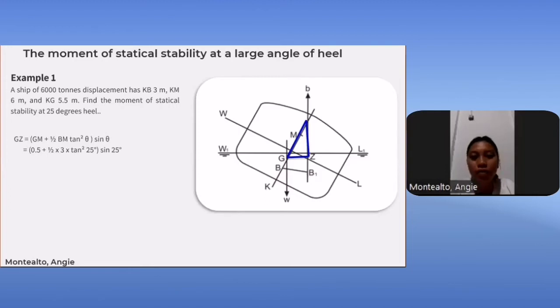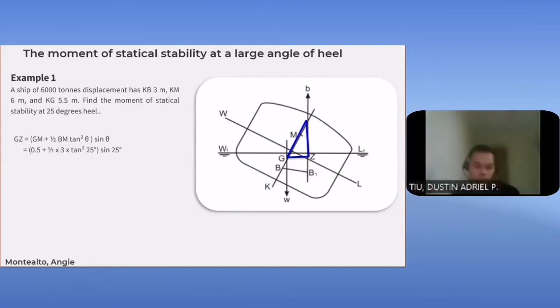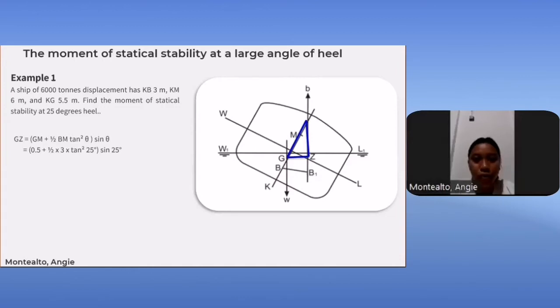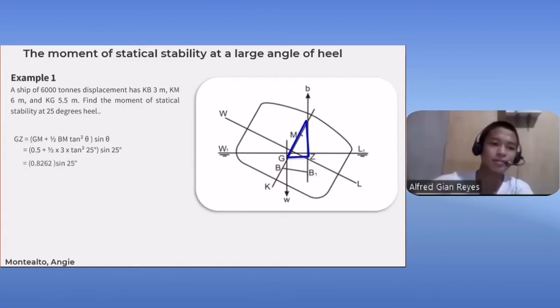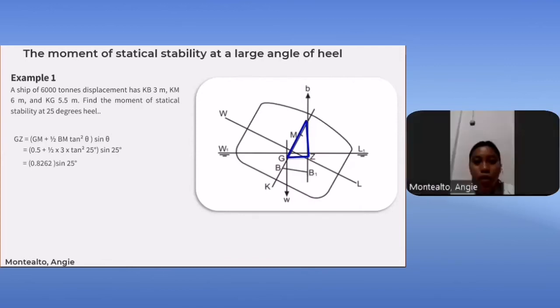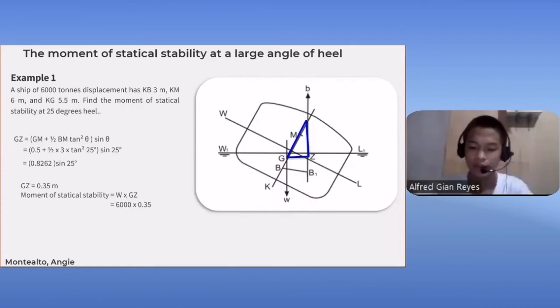So 6 minus 5.5 is equal to 0.5. Then 0.5 plus 1/2 times 3 times tan squared 25 degrees is equal to 0.8262. To get the GZ, we multiply 0.8262 times sine 25 degrees. So our GZ is equal to 0.35.